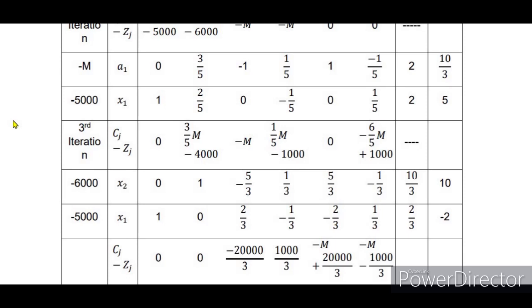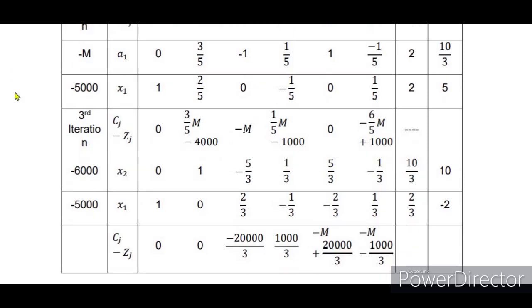So we will subtract it from the numerical coefficient of a sub 2, which is negative m. So negative m minus 1,000 over 3 is equal to negative m minus 1,000 over 3. Okay? So now we will leave the optimal value z blank because it has the value m again in the Cj minus Zj here. Okay?